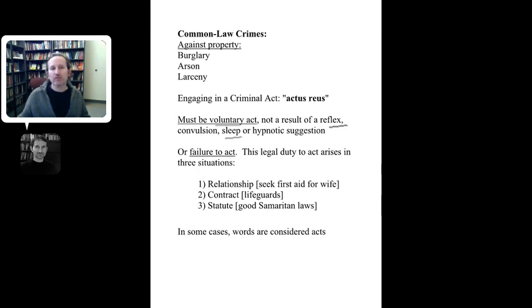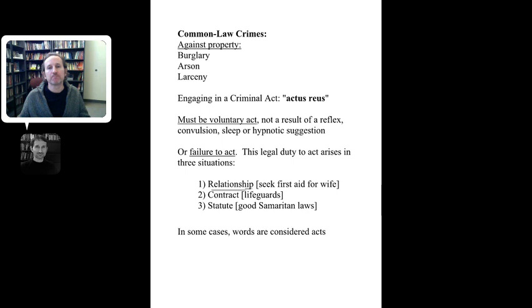However, you can also have the idea of actus reus involving a failure to act. If you don't do something in particular, that can cause something to be defined as criminal. There are three situations in particular that are important to think about. The first one is the idea of some type of relationship. There are certain relationships that we take for granted as being those where there's some legal requirement to assist.